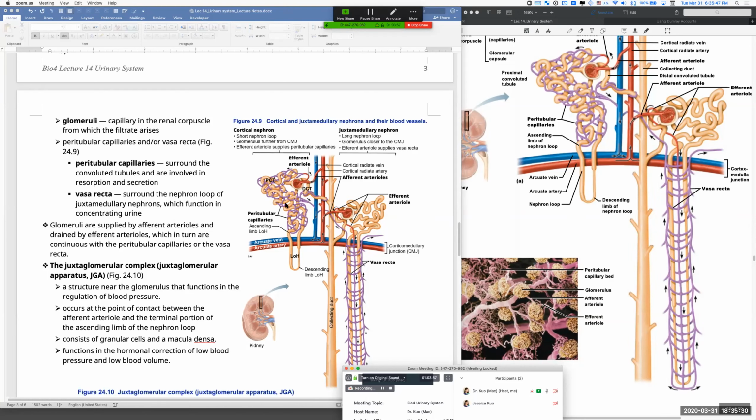It's also through these peritubular capillaries that some of the toxins, medications, or drugs that you ingest are renally excreted, because they can either be filtered through the glomerulus, or if they're not filtered through the glomerulus, they may be secreted.